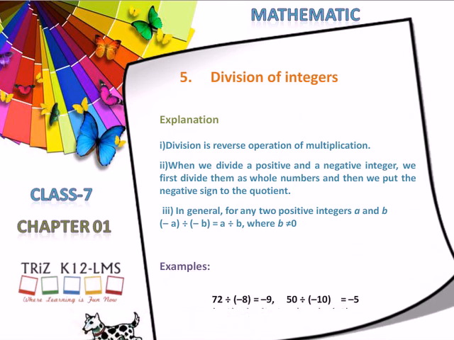Examples: 72 ÷ -8 = -9. 50 ÷ -10 = -5. -12 ÷ -6 = 2. -45 ÷ -9 = 5.